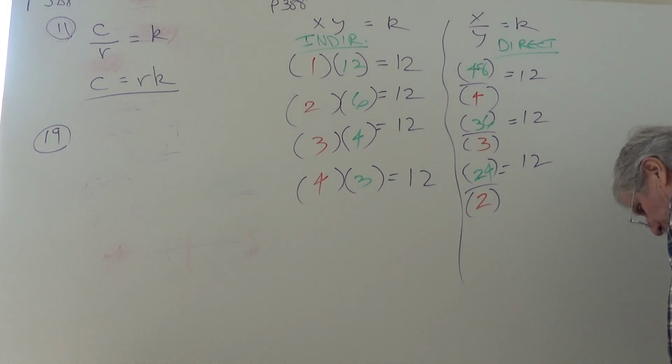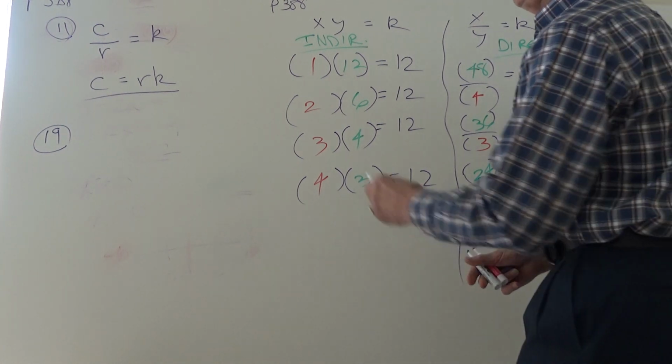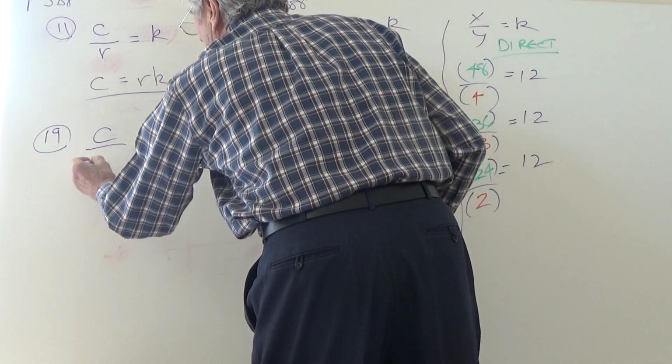Reading it one more time. Now you read it once first to get a general idea. We're talking about variations here, either direct variation or indirect variation. In this case, we'll look at 19 as the variable C varies jointly as m and n. That's going to be a joint or a direct variation. So we're going to go back to the same thing as number 11, and C will vary jointly as, at this time, m and n.